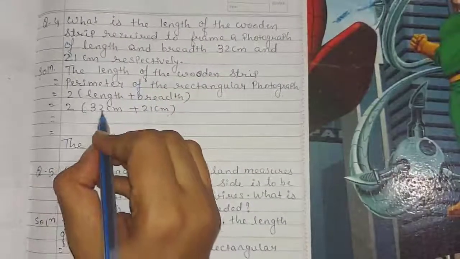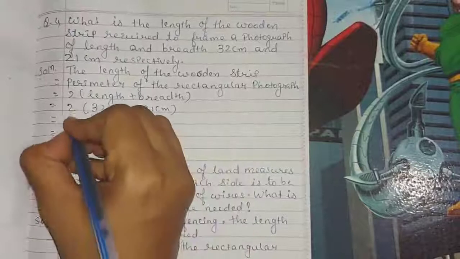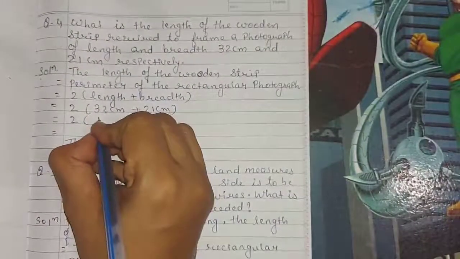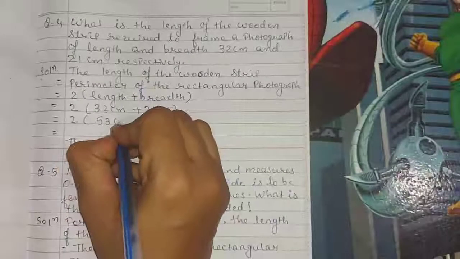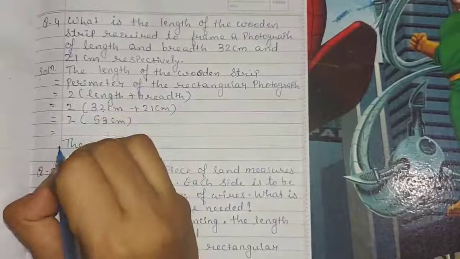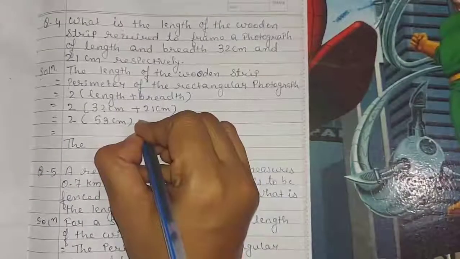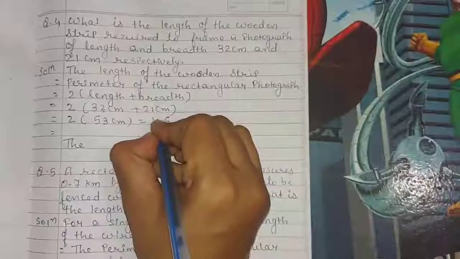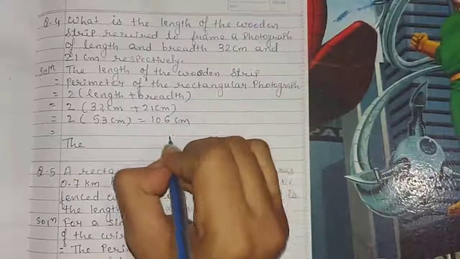Now students, if we add this, 2 plus 1 is 3 and 3 plus 2 is 5. So 53 centimeter. Now if we multiply 53 by 2, then 3 2s are 6, 5 2s are 10, 106 centimeter.